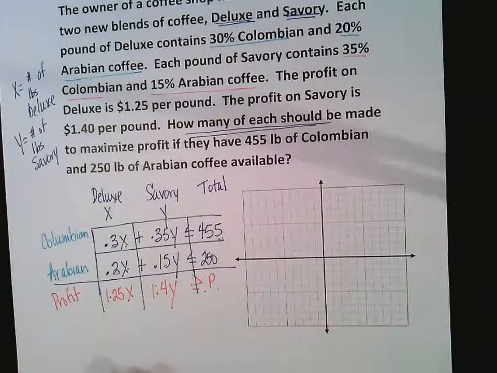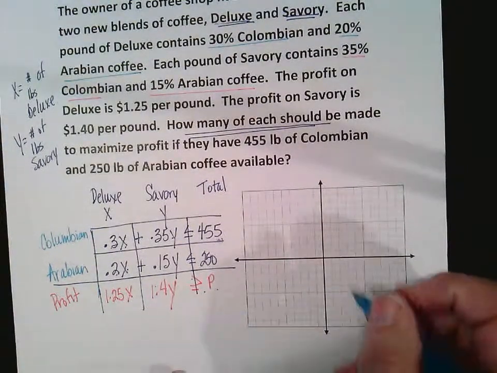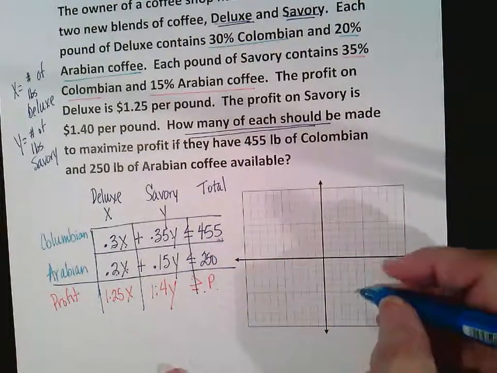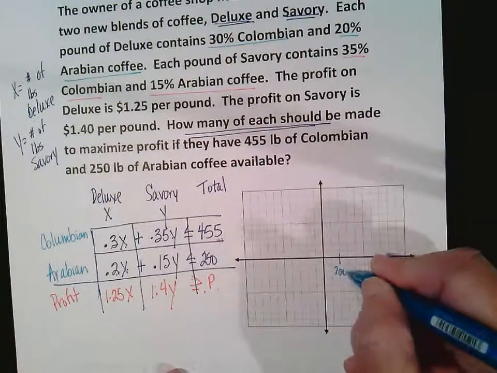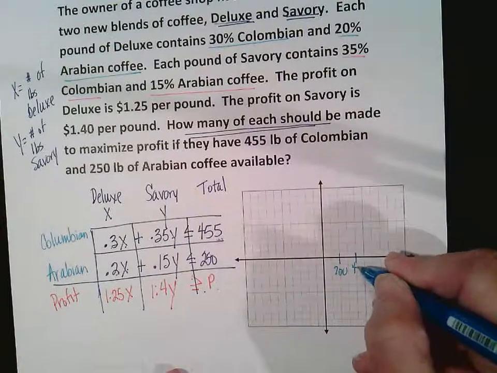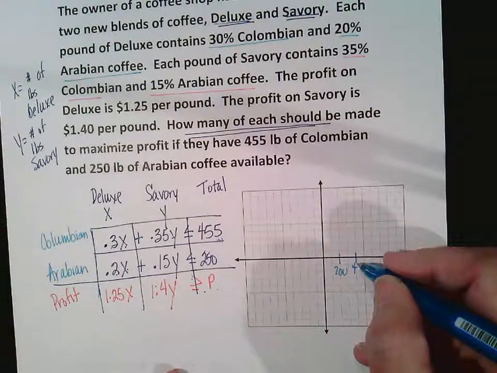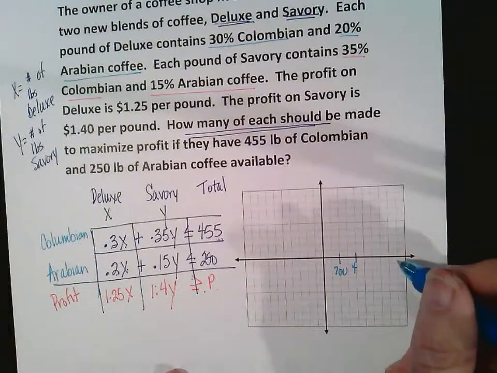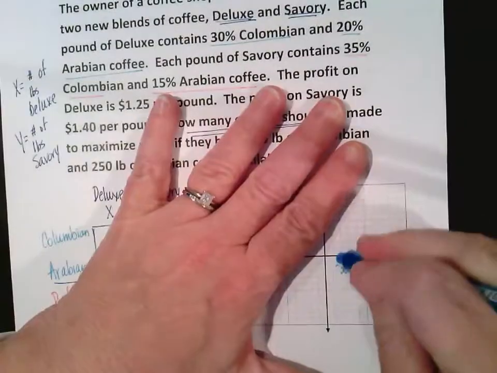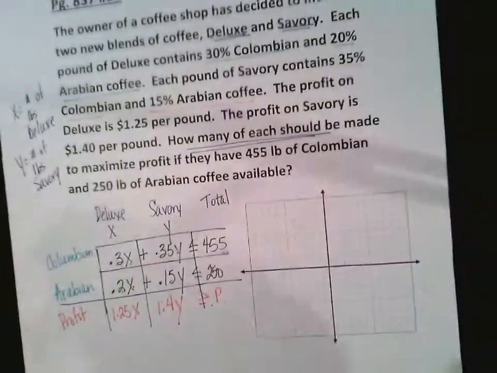I'm going to go by 200s, because I have 455 here. So I'm going by hundreds, I guess. Wait a second. Let's actually go by 200 every one.